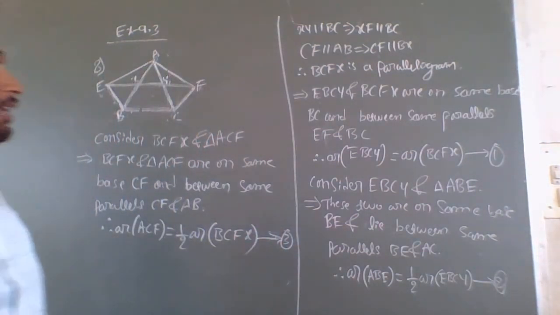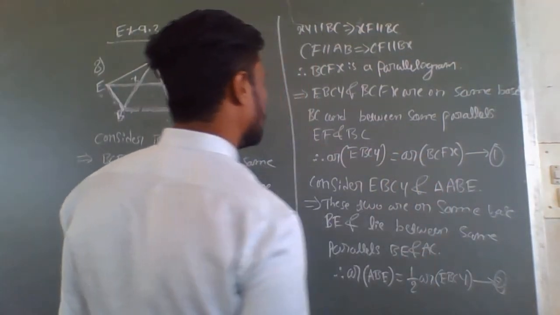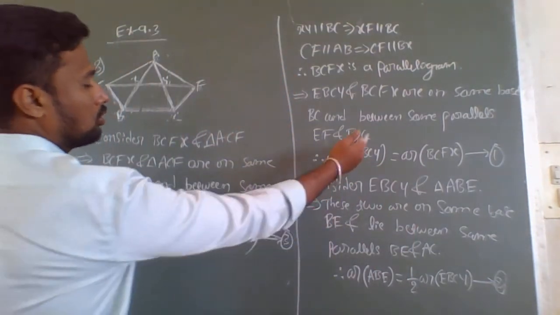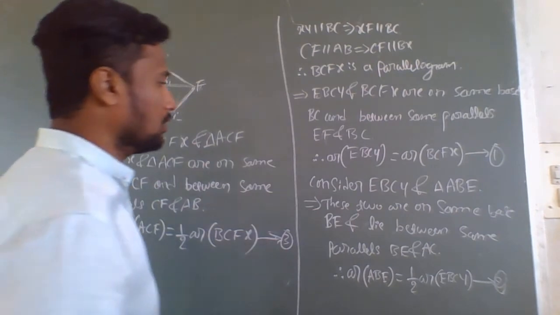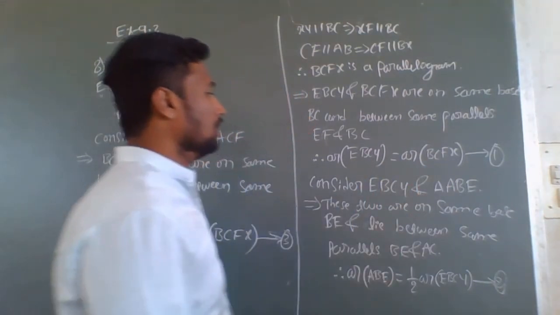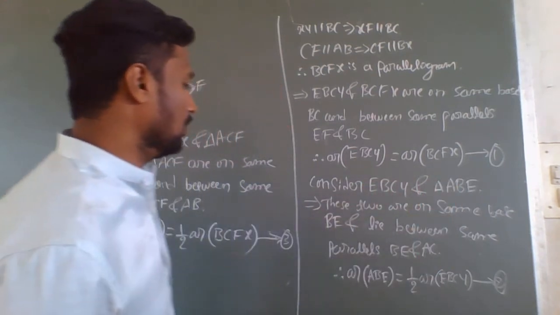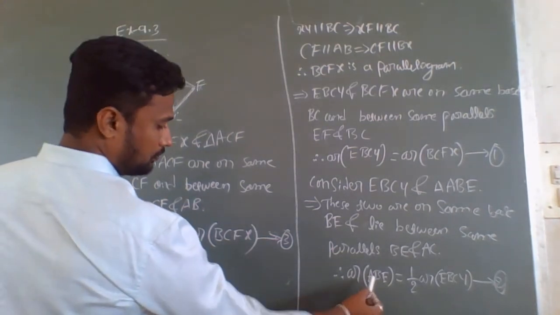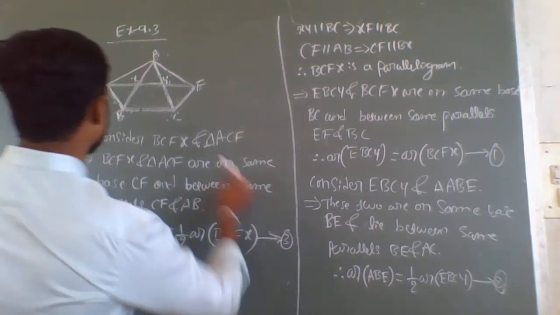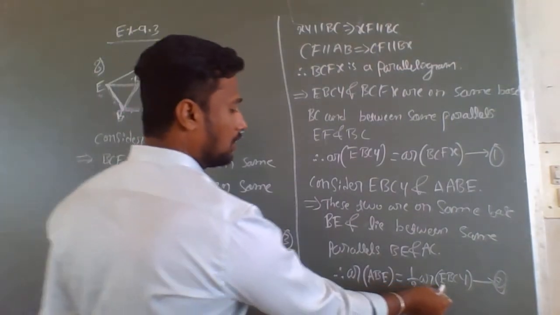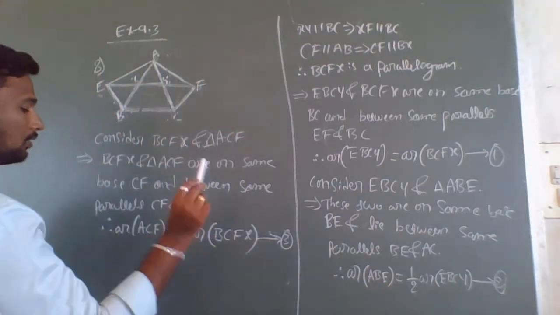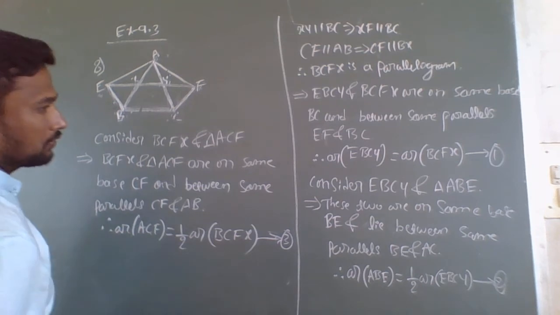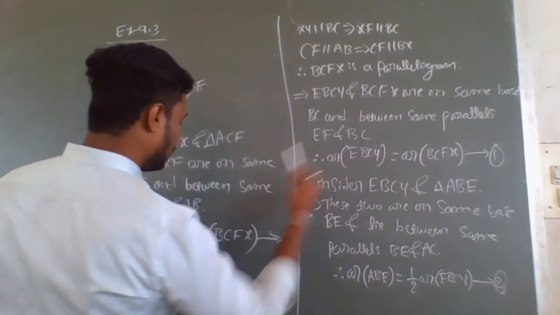Okay. So now you can see in the first equation what we got here. These two parallelograms are equal in area because they are on the same base and between the same parallels. In the second equation, the area of triangle ABE equals half of the area of EBCY. Like that in the third one, the area of ACF equals half of the area of parallelogram BCFX.